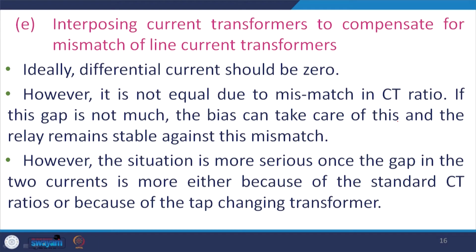We know that ideally the differential current should be 0. However, it is not 0 because of the reasons I have explained, because of the tapping. So, this situation is more serious. Now, if the mismatch is lower than the bias, whatever percentage bias setting or slope setting, that can easily take care of this.